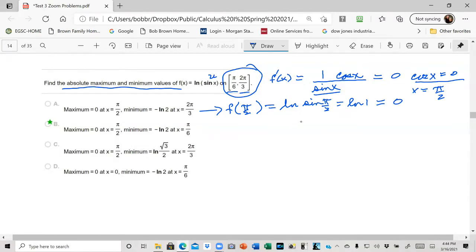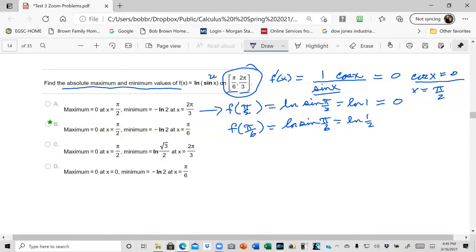And now we need to look at the value at the left endpoint, which is pi over 6. So this would be ln of sine of, I'm sorry, pi over 6. Sine of pi over 6 is 1/2.